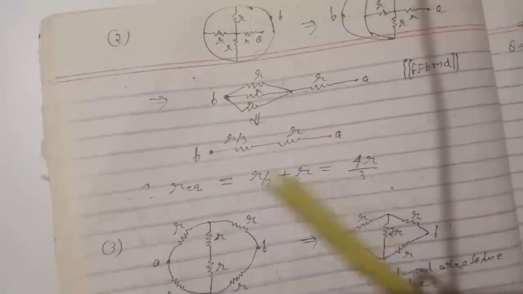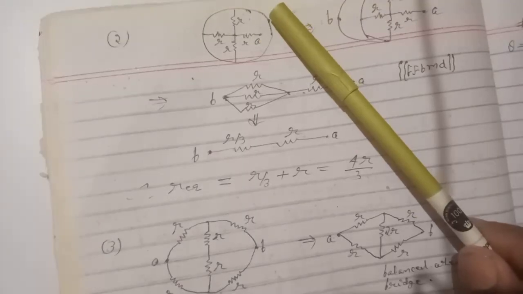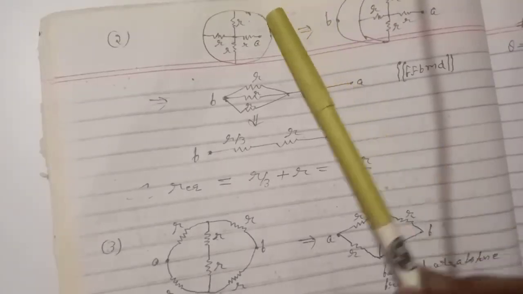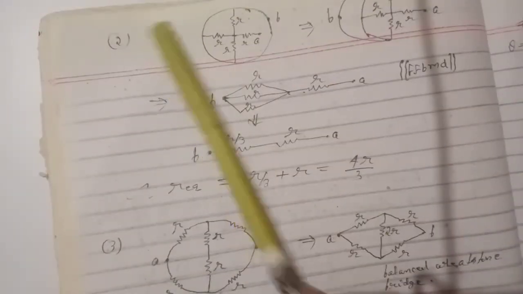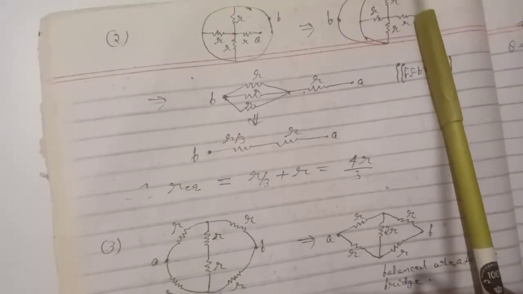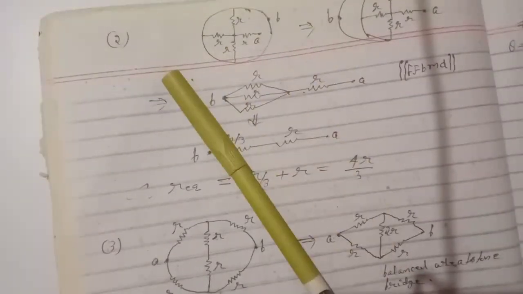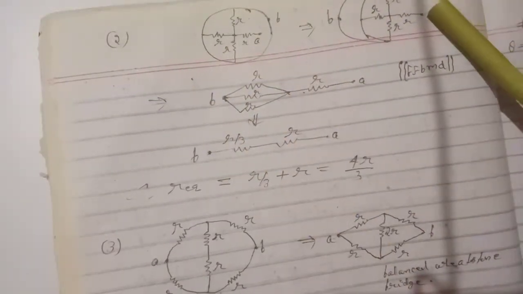Here, in the second one, we have to find the equivalent between points A and B. So if we take this point on this side as B, and this will be left as A on this side. Because this is a wire, we can replace it in any direction.